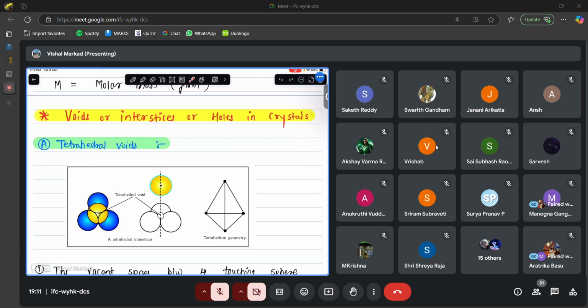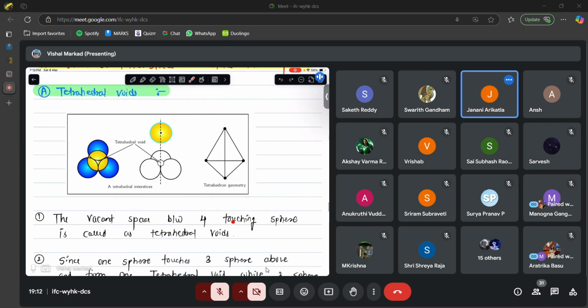The shape of the void itself is not tetrahedral. I'm saying how the atoms are arranged. When atoms are arranged in a tetrahedral way, some space is created at the center, and that space is called a tetrahedral void. Are you understanding?